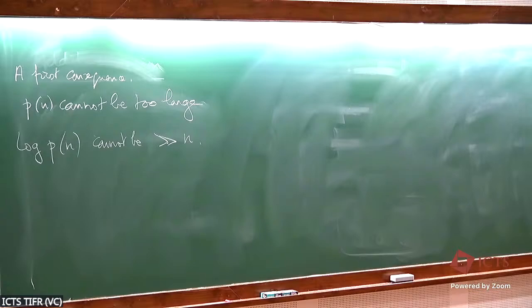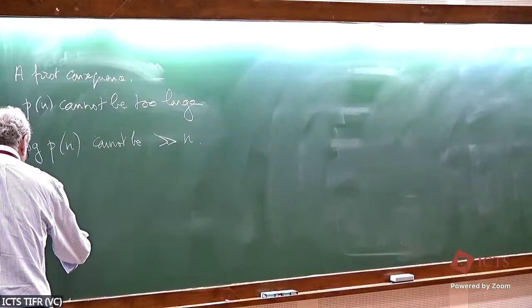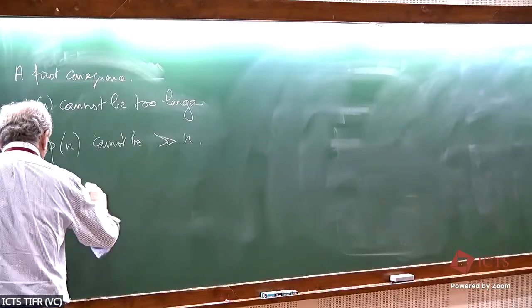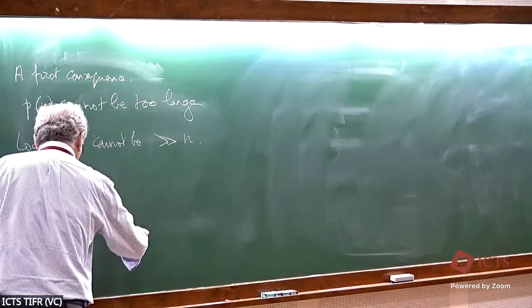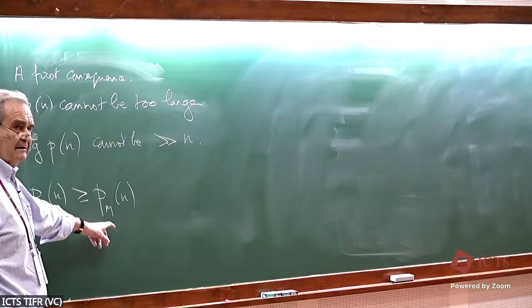It cannot be exponential. Now there is also something which is rather clear from the definition, that for any m, P of n is larger than Pm of n. The number of representations by all the denominations is larger than the representations with only restricted denominations. But we know that this is a polynomial of degree m minus 1.